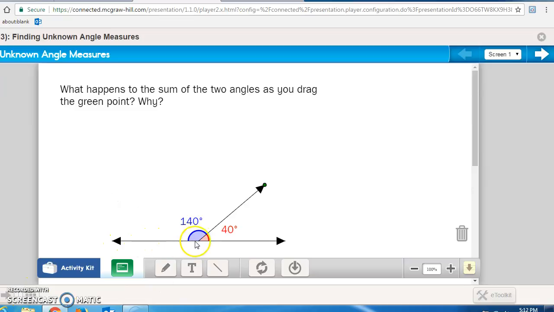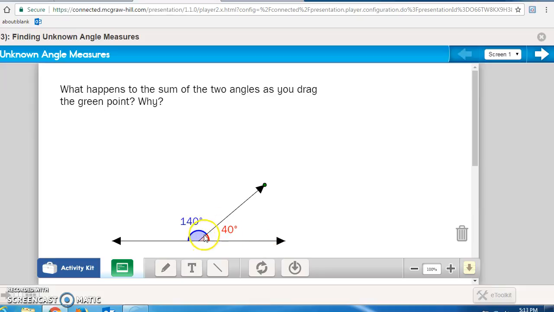What is this straight angle called? Hopefully you remember from the review that that is called a straight angle. What is the measure of that angle? It's 180 degrees. When the sum of two angle measures is 180 degrees, the angles are called supplementary angles.